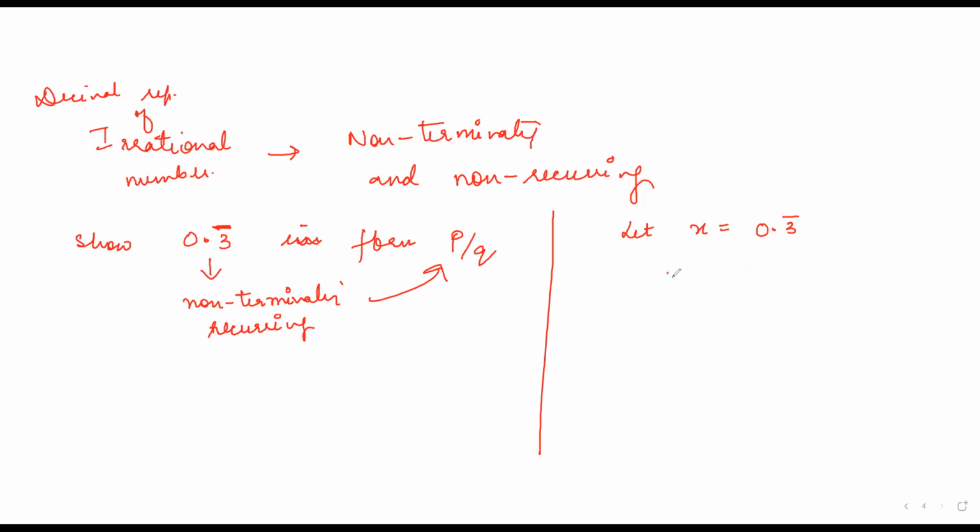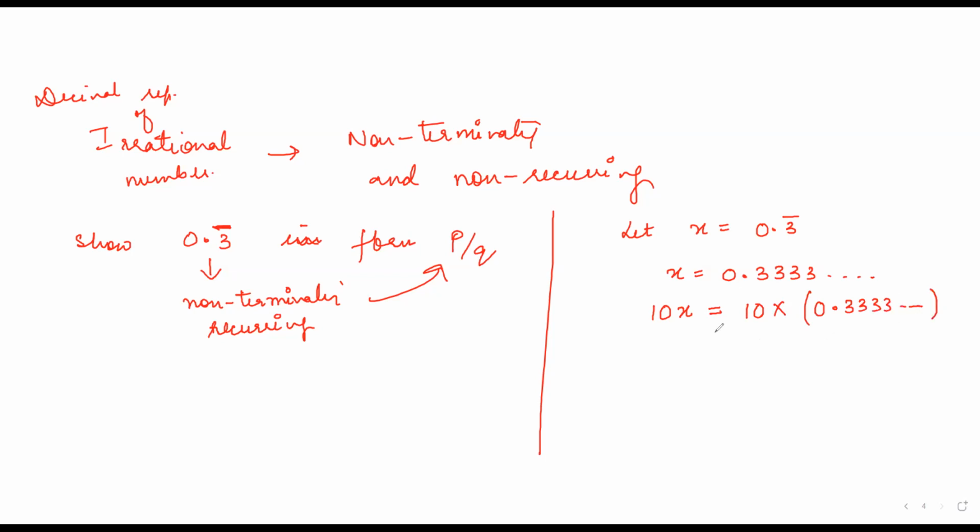So now if you expand it, x is equal to 0.3333 like that, right? You multiply both sides by 10. So this will become 10x is equal to, what will happen if you multiply this by 10? No problem, you do like this. 10 multiplied by 0.3333, and then you can simplify.